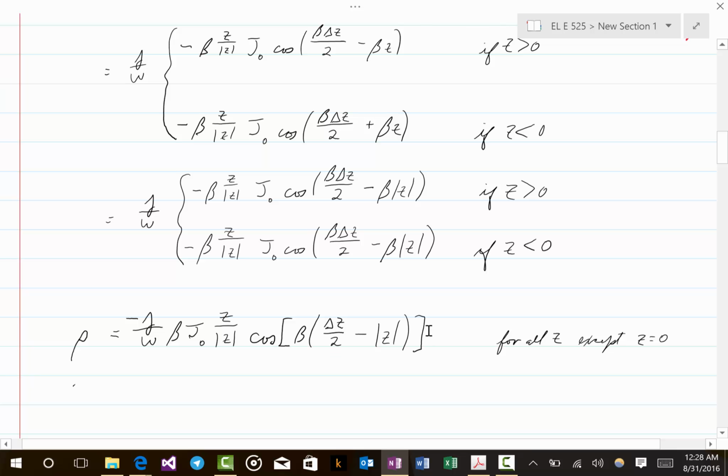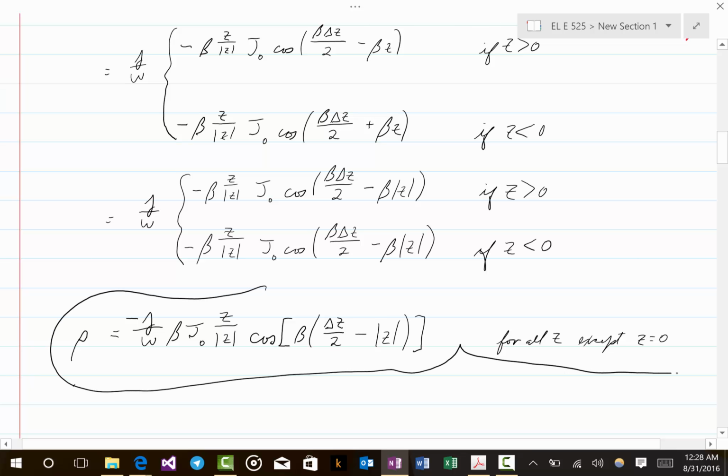The antenna does not exist at z equals 0 itself. That's where the terminal for the antenna is. So we do not need to be concerned about the fact that this equation does not make sense at z equals 0. So here is the final expression for the relationship for the charge density for this problem.